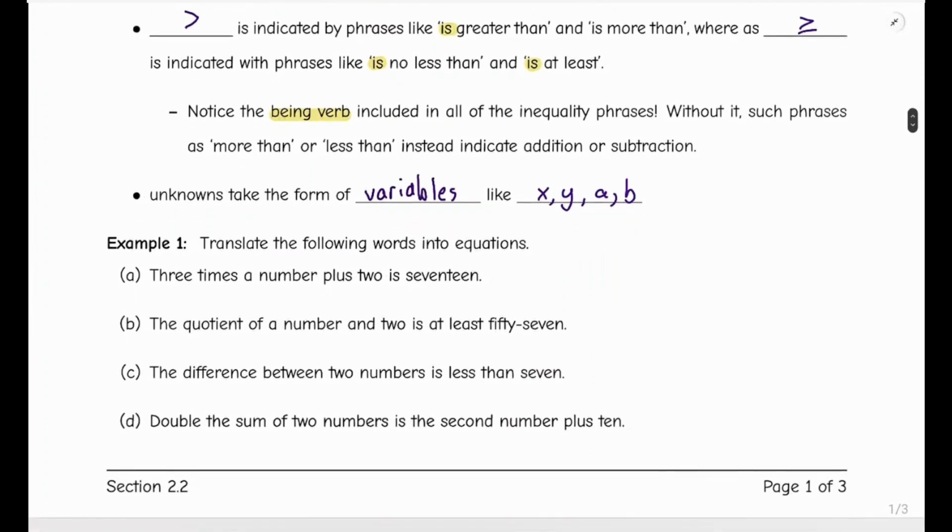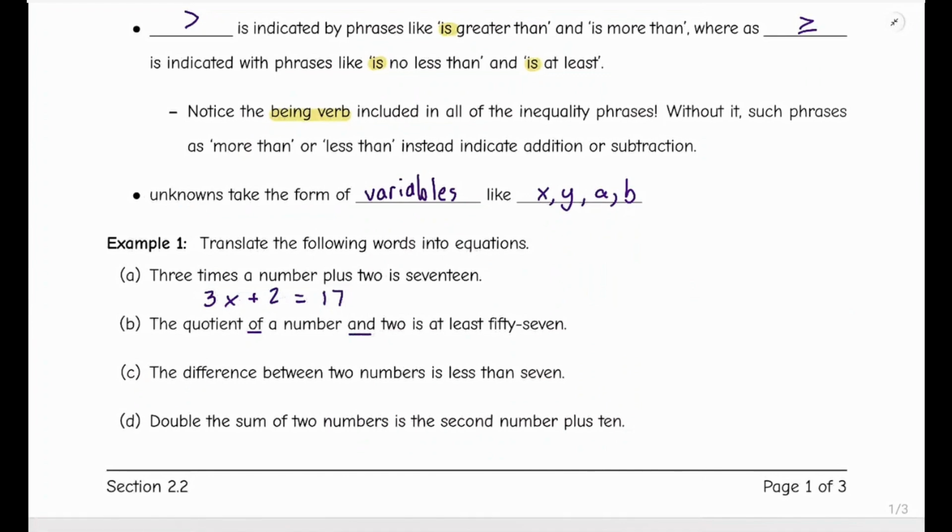Example 1. Translate the following words into equations. 3 times a number plus 2 is 17. The quotient. Now, whenever I see the words sum, difference, product, or quotient, most of the time I'm going to look for the word of and the word and. That's going to tell me where the quotient starts, and then the and is going to tell me where the quotient ends.